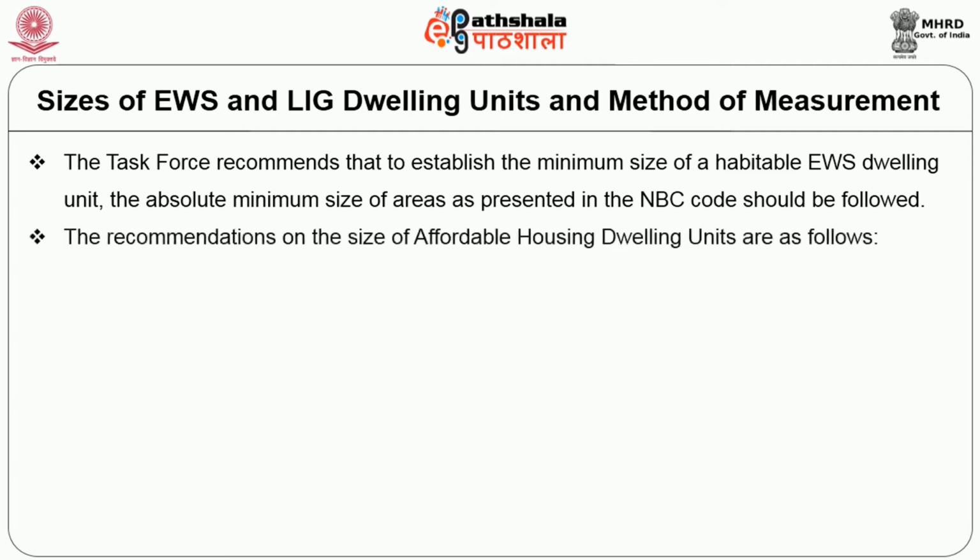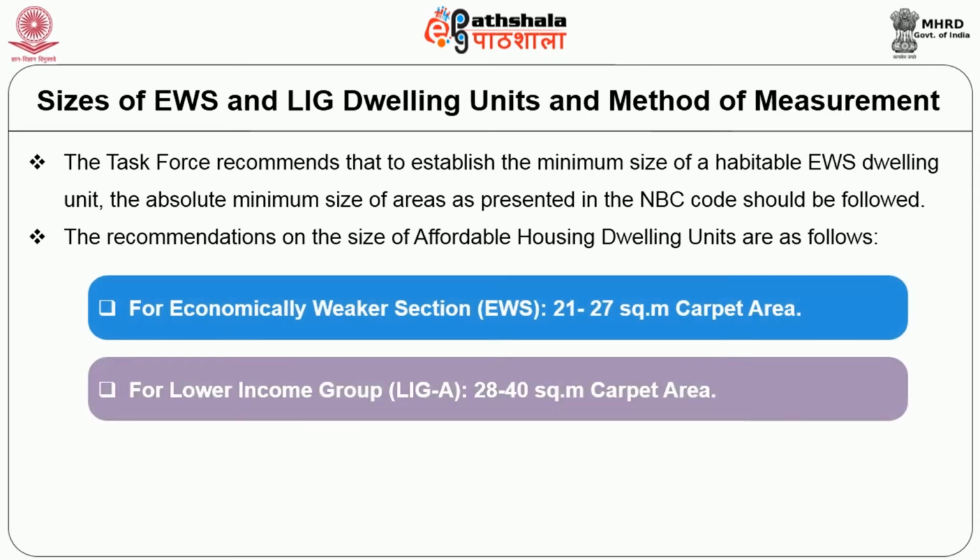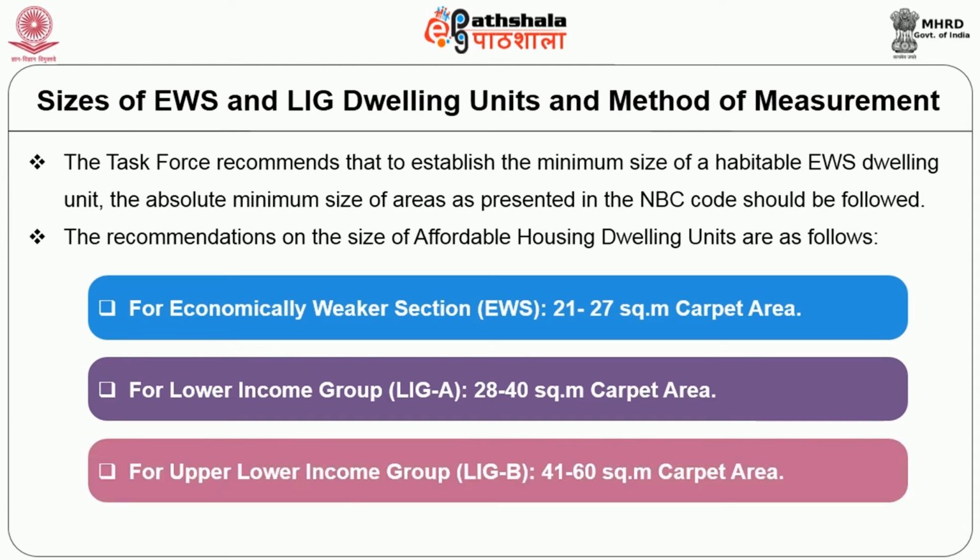The recommendations on the size of affordable housing dwelling units are as follows. For economically weaker section, 21 to 27 square meter carpet area. For LIG group A category, it should be 28 to 40 square meter carpet area. For upper lower income group, 41 to 60 square meter carpet area.